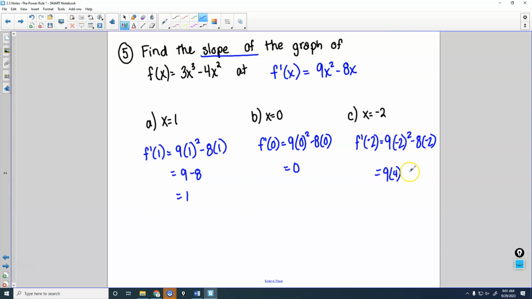Make sure you do exponents first there. Plus 16. So 36 plus 16 is going to give us 52 for our derivative there. So the slope at -2 is 52. That's a very steep slope. Your graph would be very steep at that point. Yeah, it's basically going to look like a vertical line at that point.